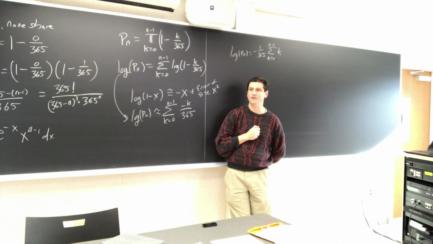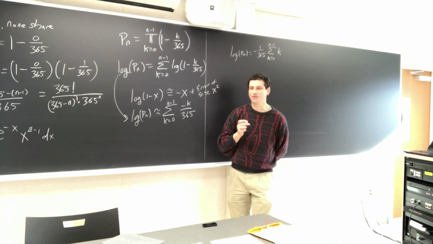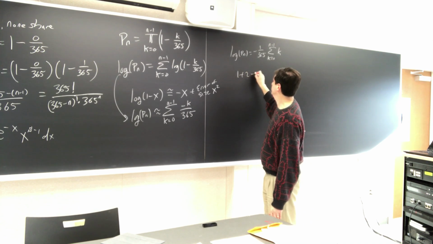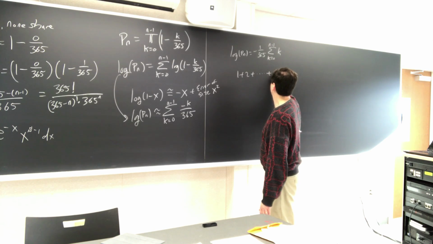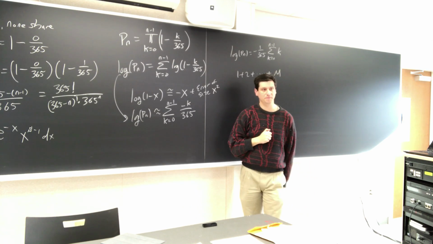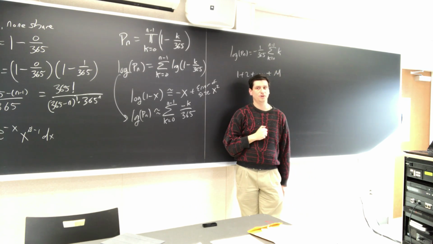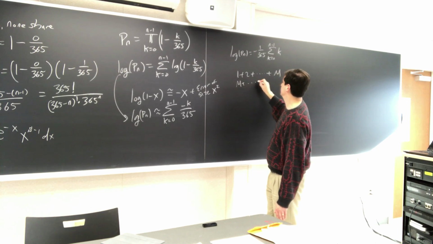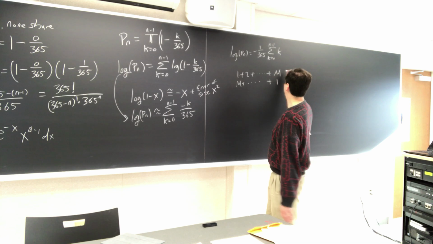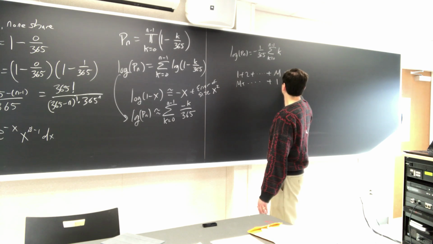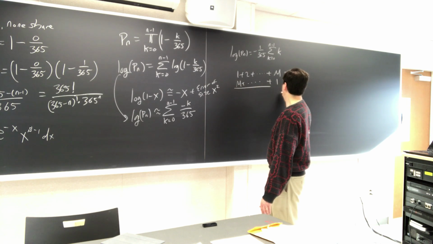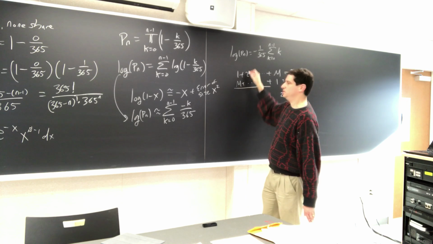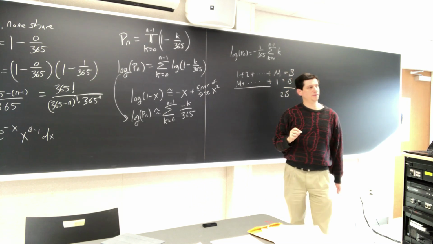Wait, hold on. You're very close. So I've got the numbers 1 plus 2 plus up to m. So add up the first m. So it's m plus 1. So first write them backwards. So if you call this sum s, then you get twice s, m plus 1, m plus 1, m plus 1, m plus 1.